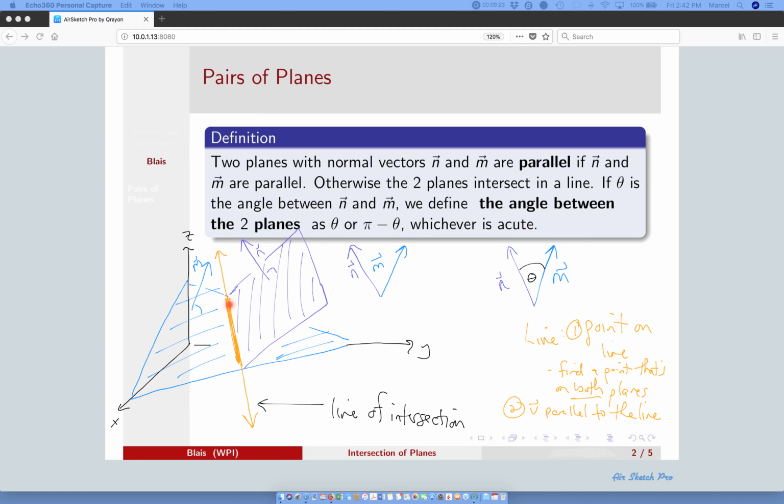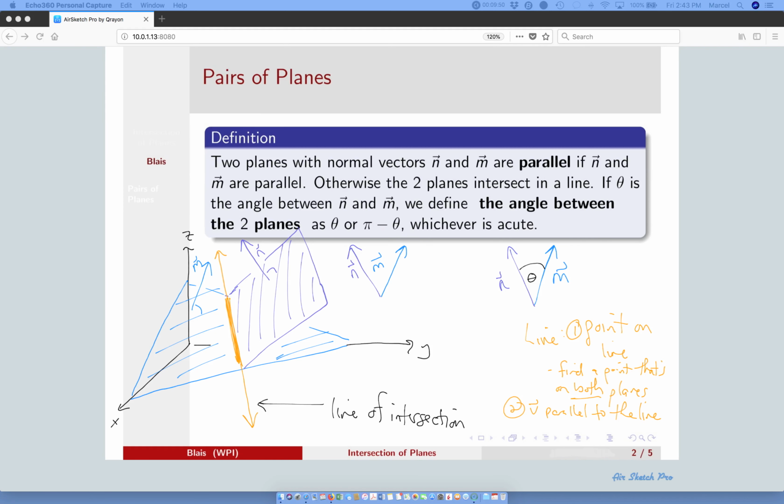Well, the line of intersection lies in that purple plane, so n is perpendicular to the orange line of intersection. The same also holds for m. m is perpendicular to everything in the blue plane, and that orange line is also in the blue plane. So this line is perpendicular to both m and n.